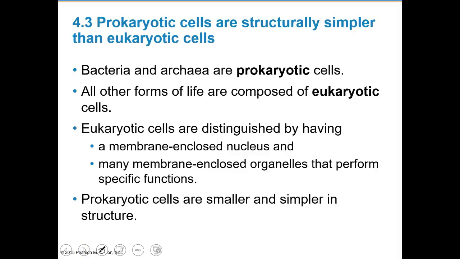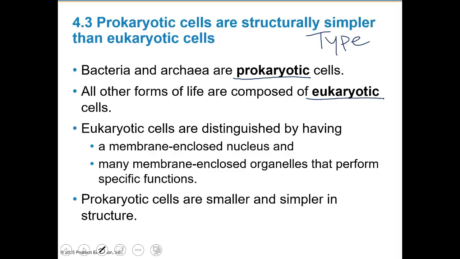Bacteria and archaea, so we're changing route here. We got a little bit on the membrane. We'll go into more detail on that a little bit later. But this part we'll talk about the types of cells. So this is going to be looking at those types again. Bacteria and archaea are prokaryotic cells. All other forms of life are eukaryotic.